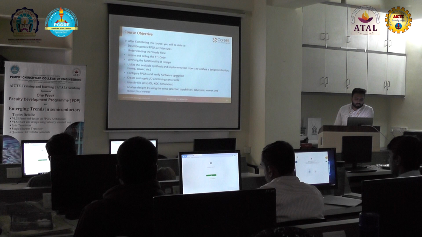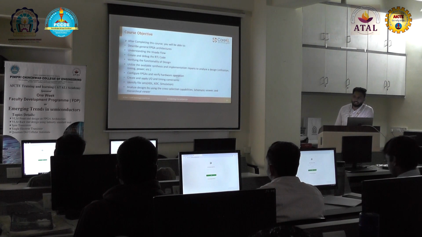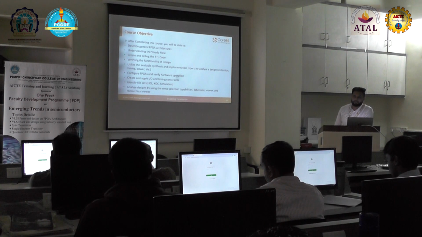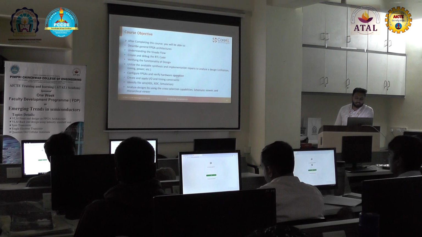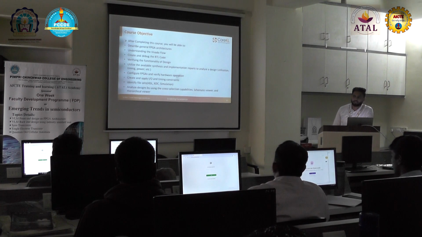We are going to configure the FPGA and verify hardware operation, create and apply I/O and timing constraints, and identify the different sets of files like HDL, XDC and simulation files. And we are going to analyze the design using cross-probing, selection capabilities, the schematic viewer and hierarchy.